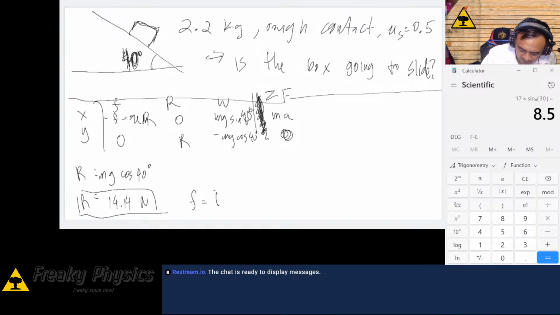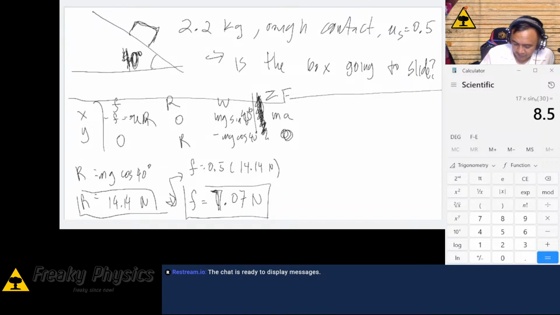So 7.07 newtons. F is equal to 0.5 times 14.14 newtons. So far clear? Same as before, right?